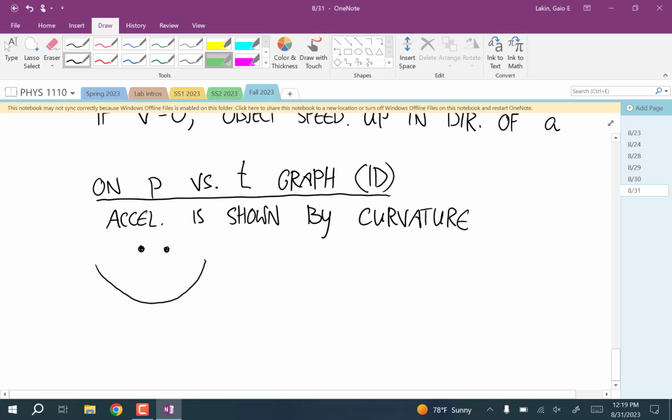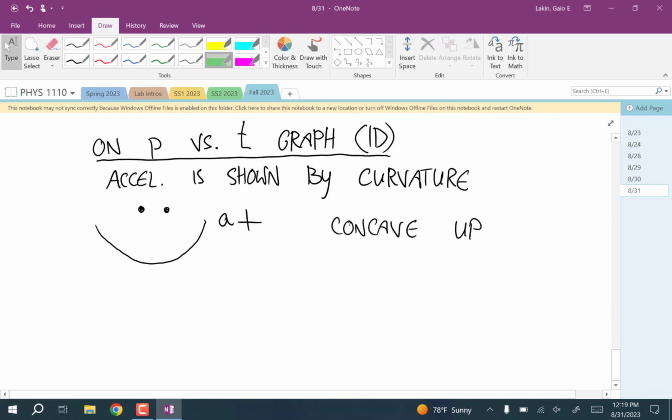This guy has a positive mental outlook. So this is a positive acceleration. Concave up. If it's any kind of line, and it doesn't matter what slope you're talking about, that's a 0 acceleration.